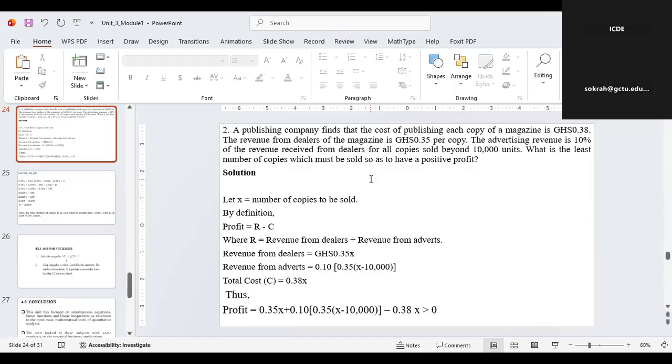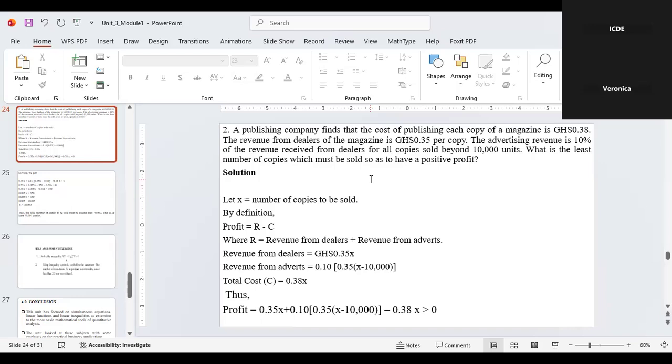So the normal revenue is 3.35 per copy. But the advertising revenue of 10% comes only if your total number of copies sold is beyond 10,000.